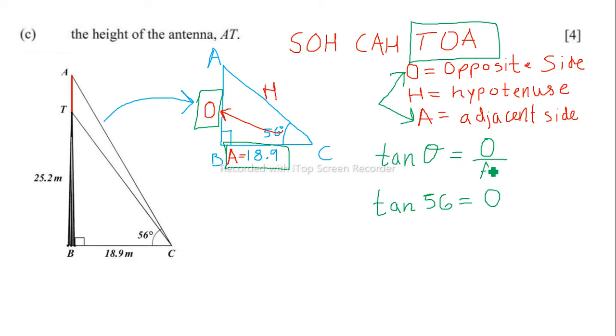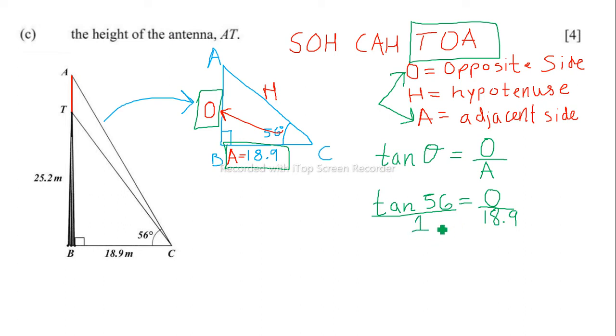What is A? 18.9. Very good. Then we're going to divide both sides by 1 and then cross multiply.